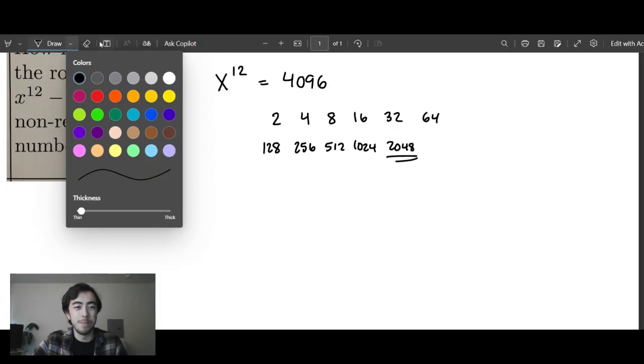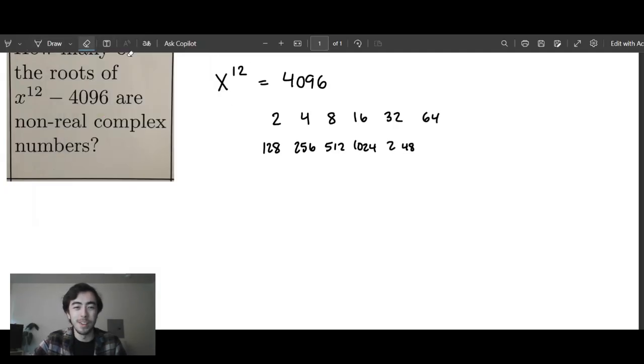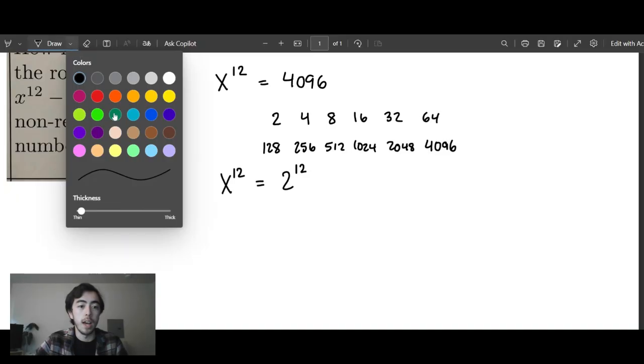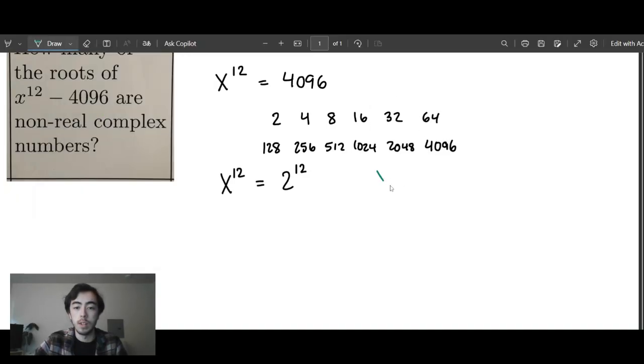And so if you're counting by your powers of 2 and you reach this number, you're on the right track. And then finally, if we multiply that by 2 one more time, we get 4,096. If you notice, it took me 12 steps to get here. And so this number on the right side is just 2 to the power of 12. And to me, that's enough to show that x could be 2 today.